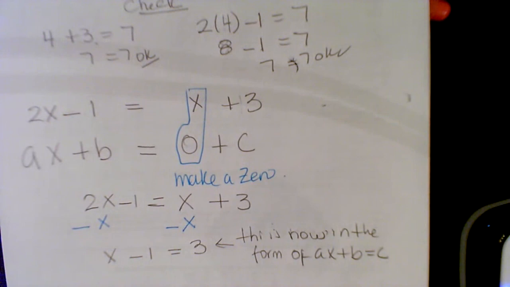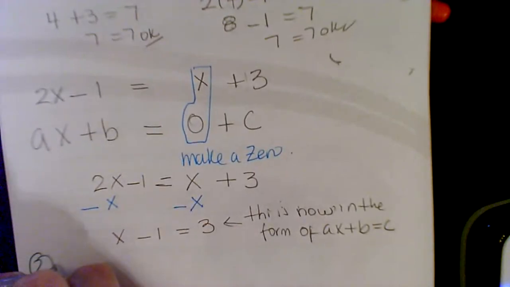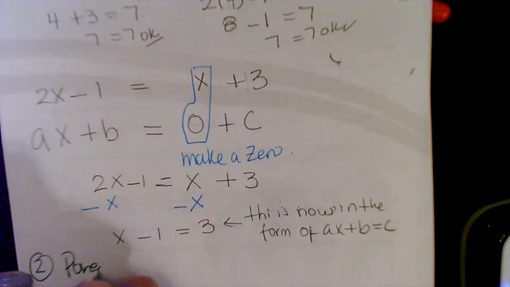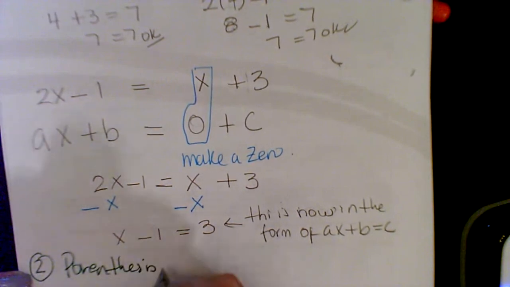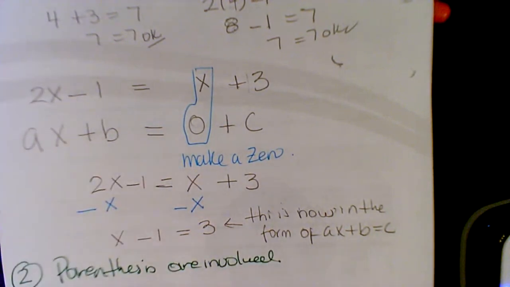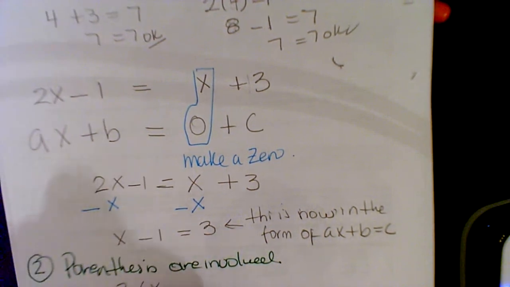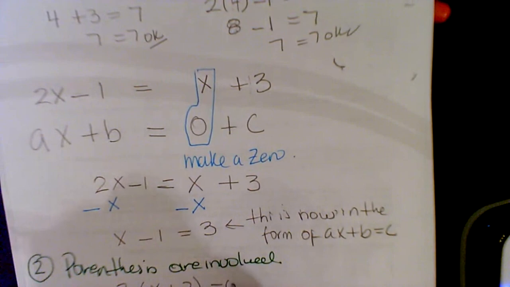Now, the other common way, we did variables on both sides of the equation. Let's do the other one. The other one says, when parentheses are involved. So when that happens, we have 3 times the quantity x plus 2 equals 10.